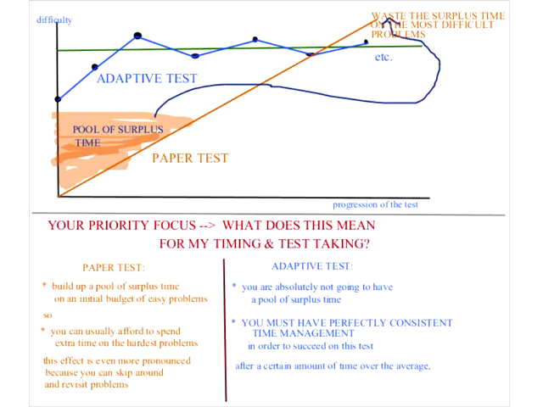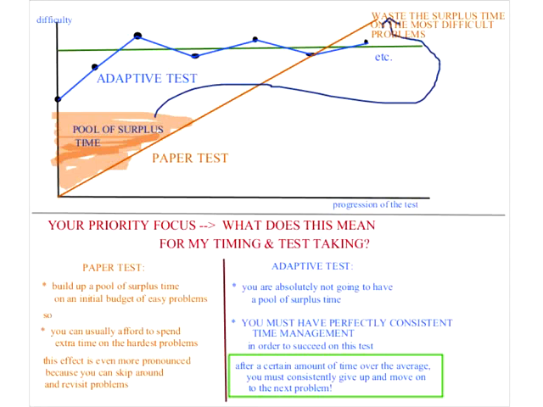After a certain amount of time over the average, you must consistently give up and move on to the next problem. This is very easy to say. This is a very easy idea to put forward.